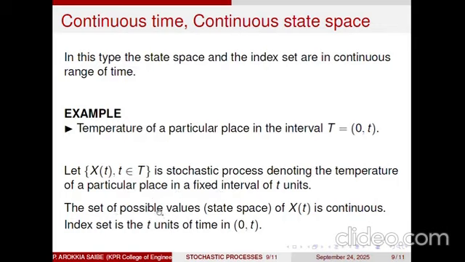Here the set of all possible values for the state space is continuous, as well as the index set, which also takes values in continuous form. This means the temperature of the particular place lies in the interval of 0, let us say some 50 degrees or so. So this temperature is continuous, whereas the index set is also continuous, the interval 0, t.